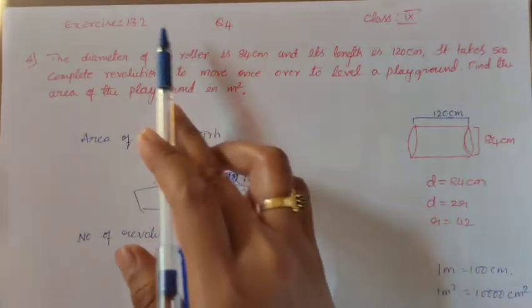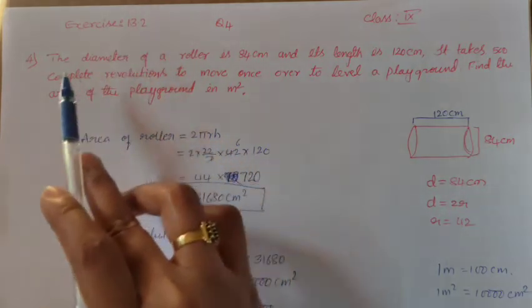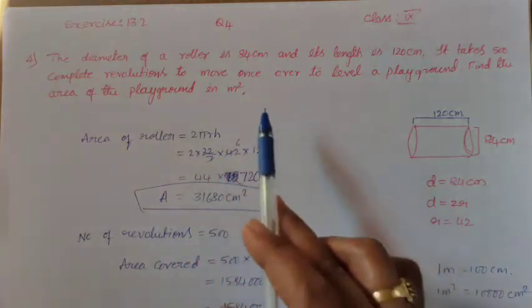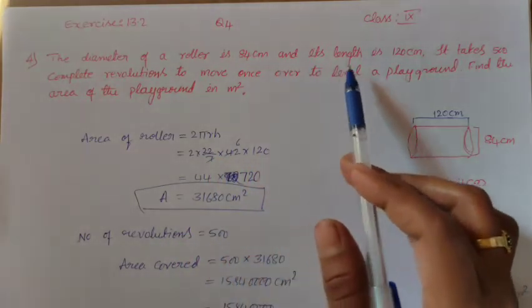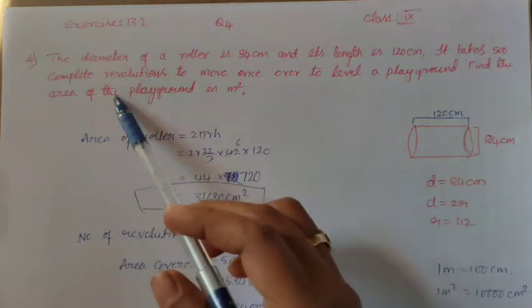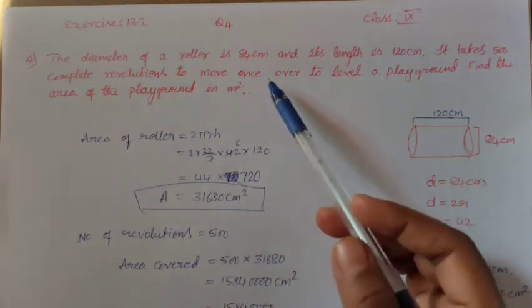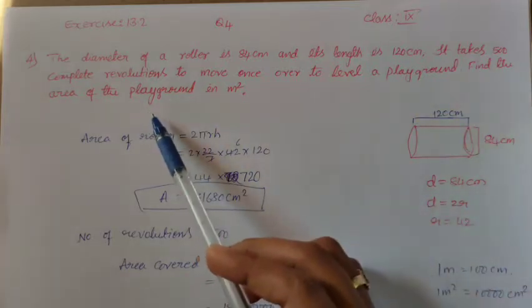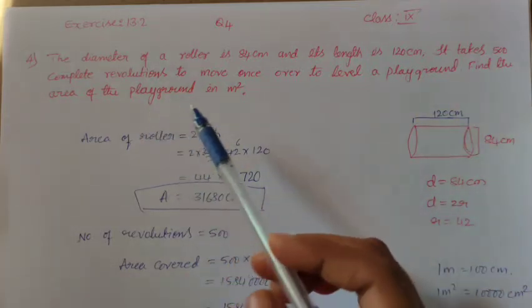The fourth question from exercise 13.2. The diameter of a roller is 84 centimeter and its length is 120 centimeter. It takes 500 complete revolutions to move once over to level a playground. Find the area of the playground in meter square.